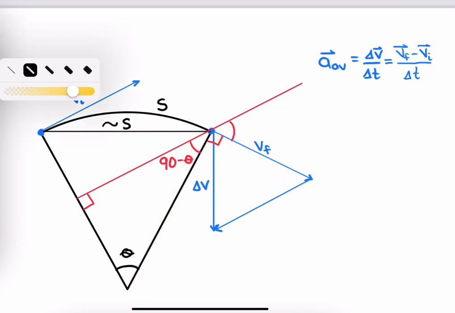So if this whole thing is 180, and that's 90 minus theta, and that's 90, then this bit over here that's left over should be 180 minus 90, because of that right angle I have there, and minus 90 minus theta.